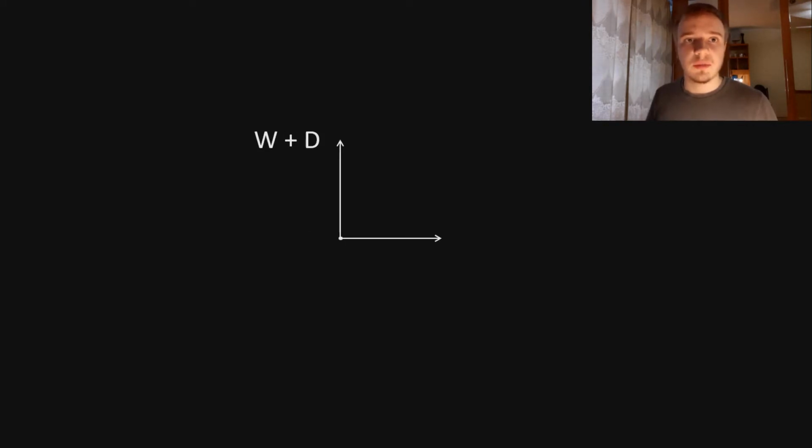If we press both W and D, the player will start to go right and up, and we can actually combine those two vectors to get the diagonal velocity that we get. We can do that by using the parallelogram law.